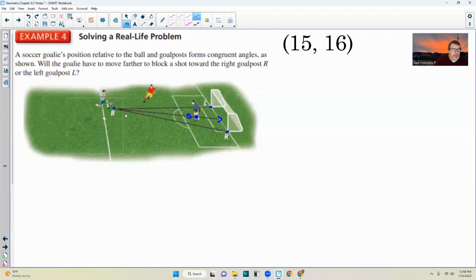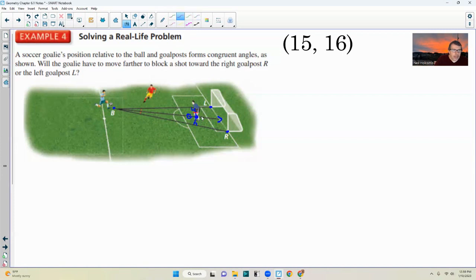Okay, so what do we have? We have a point in the interior of an angle. We have a ray that bisects the angle. That's what these arcs tell us. And so the distance from here over to here is 90 degrees. The distance over to L from the goalie is 90 degrees.